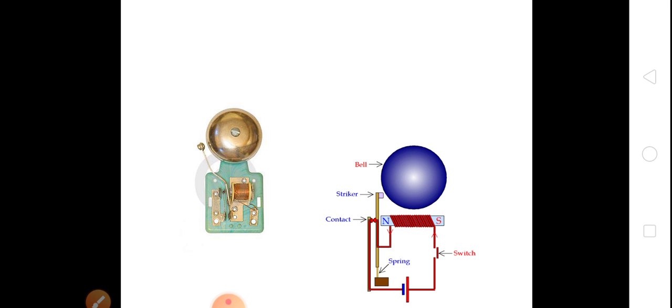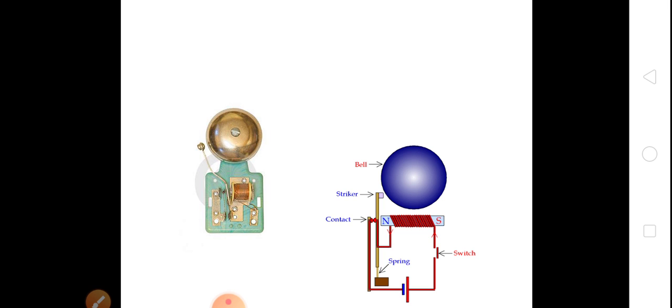So children, next point, when electric current is passed through a wire, it gets heated due to the heating effect of electric current. We have seen it in the electric iron, in the geyser, in the electric room heater. So when current is passed through a wire, a filament, then it behaves like a heater. It gets heated up. Next point, electric fuse.